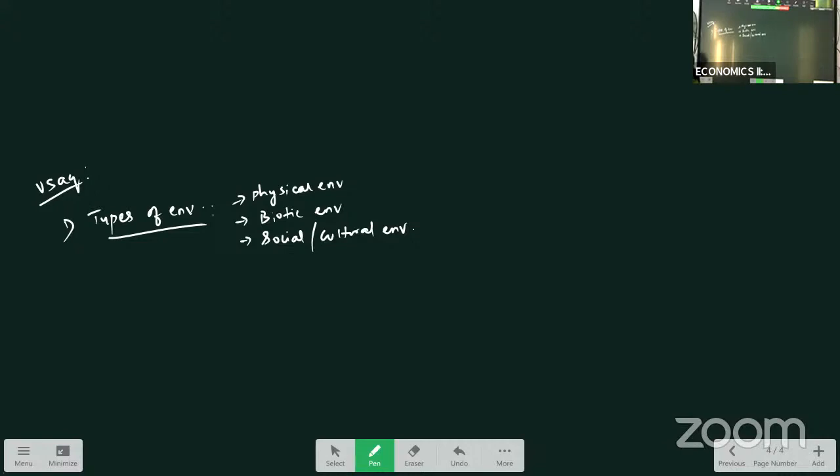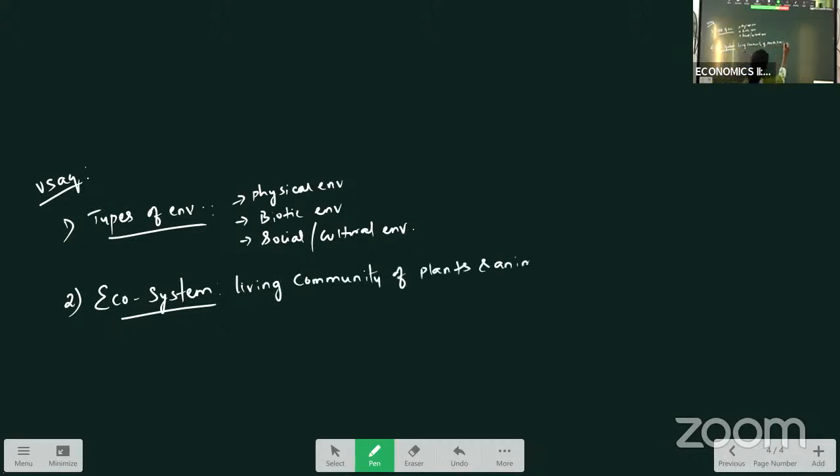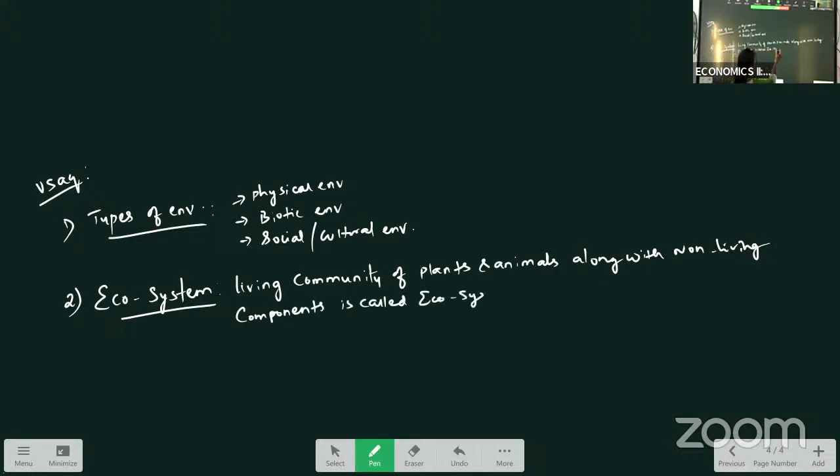Next VSAQ is ecosystem. Ecosystem means the living community of plants and animals together with non-living components is called an ecosystem.